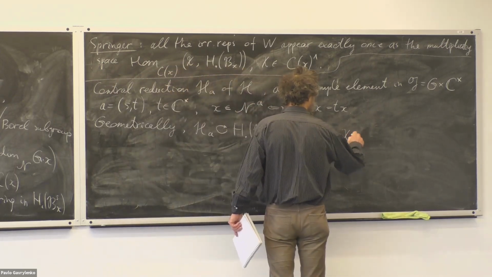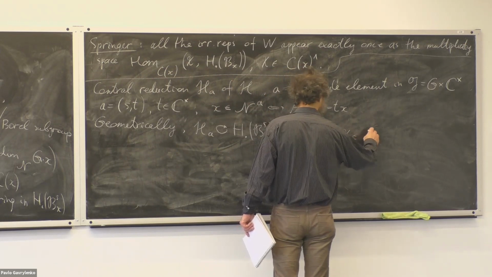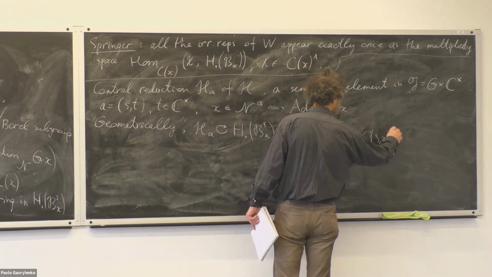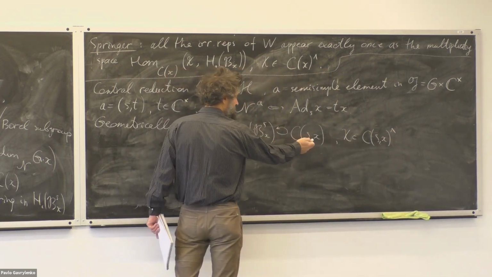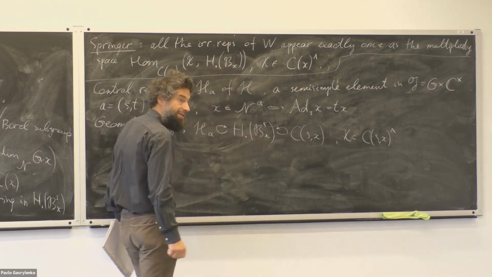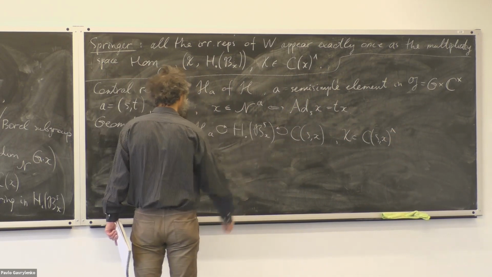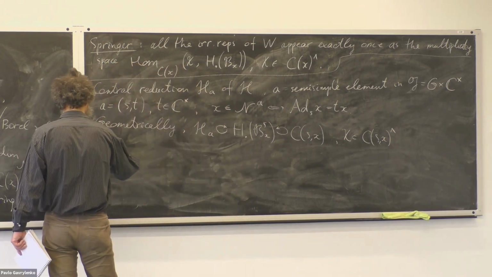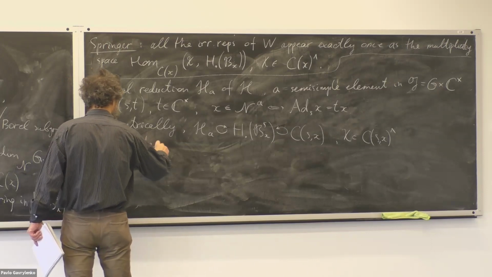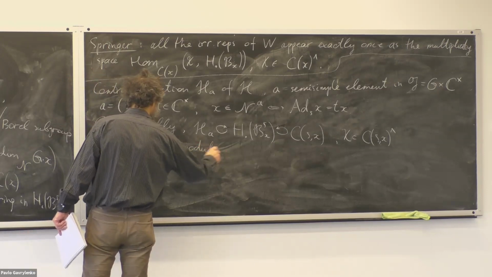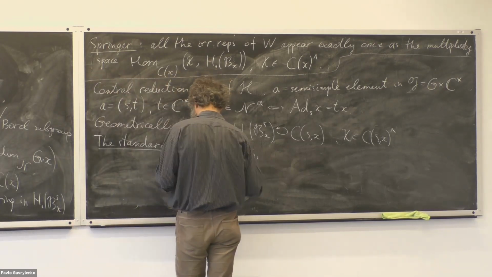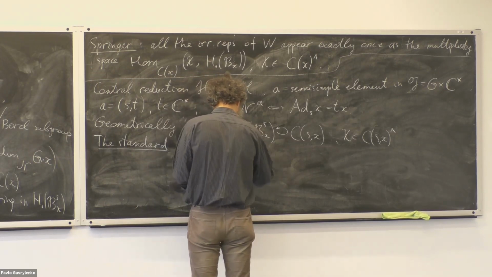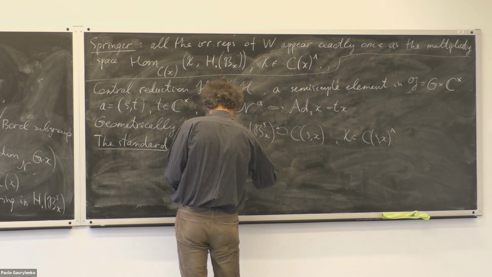So we take one relevant representation. Relevant means that chi actually appears here. Not all the irreducible representations of the component group appear in this homology space, but some do, and we take one, and we set the standard module K of S, sorry, x, chi.